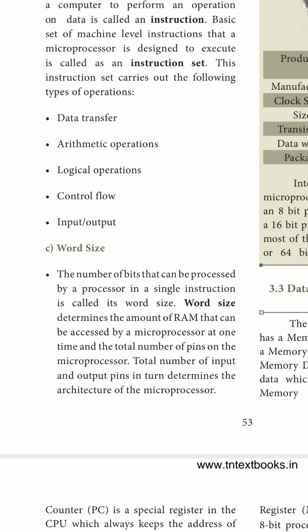For example, the Intel i3 processor is available in both 32 bit and 64 bit. That means it can handle 32 bits of information in a single instruction, and 64 bit means it handles 64 bits of information in a single instruction.